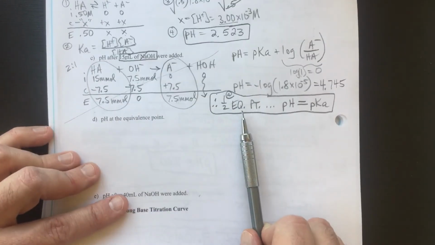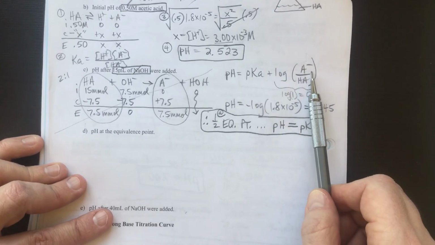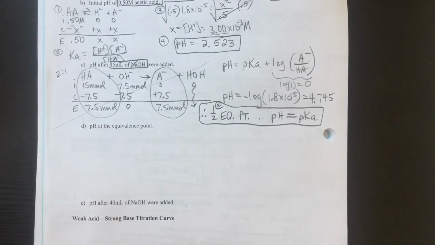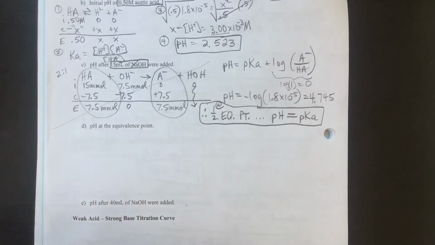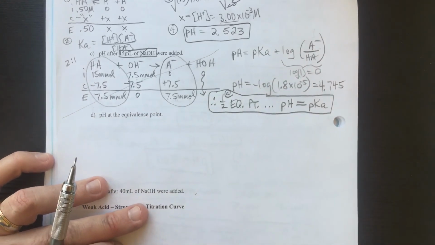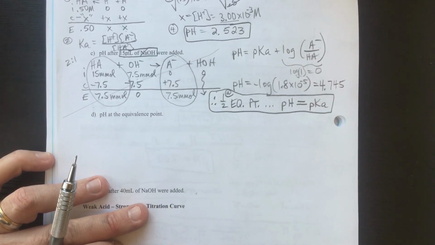At the half equivalence point, you'll have the log of 1, which is 0, which means the pH will equal the pKa. Look out for that always. I'll stop this, let you ponder, get a drink and some food, and then I'll dig into what the pH would be at the equivalence point and how we'd figure that exactly out.